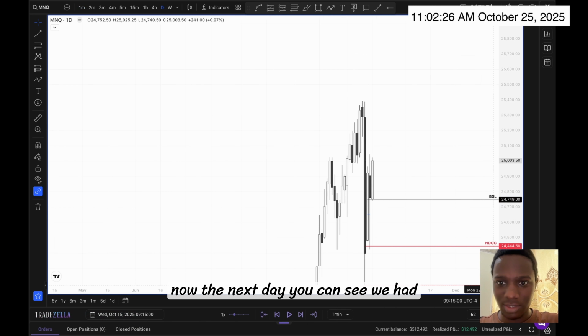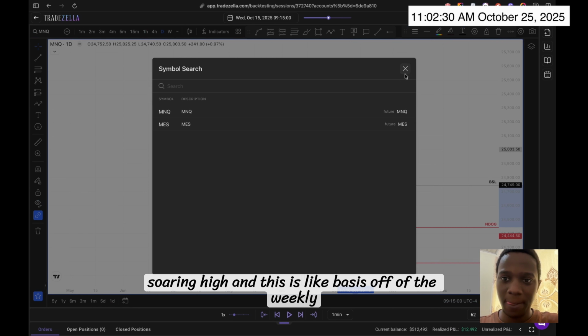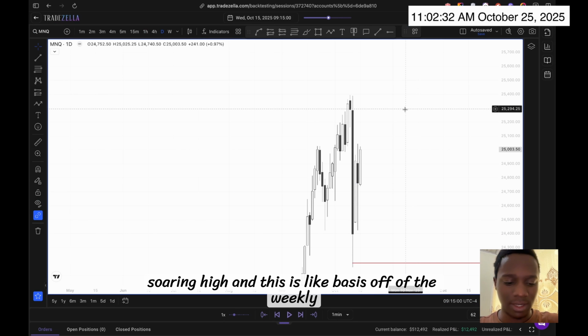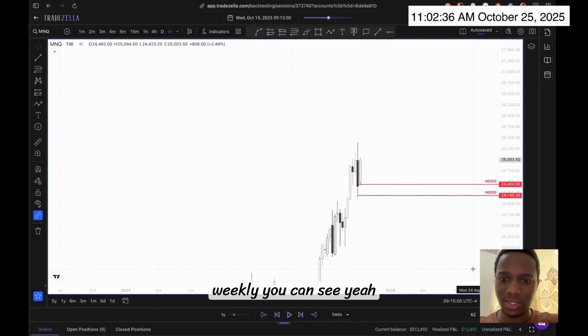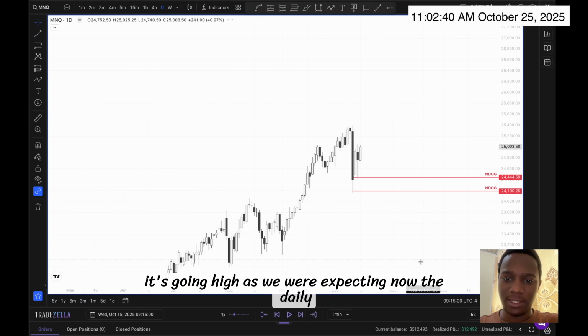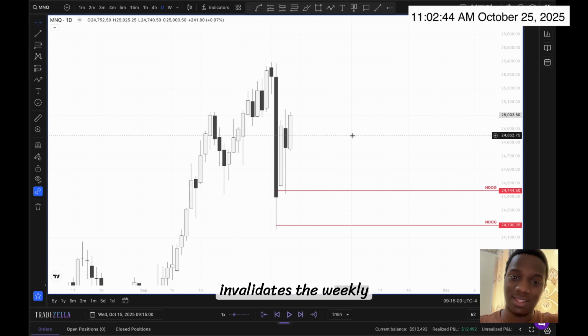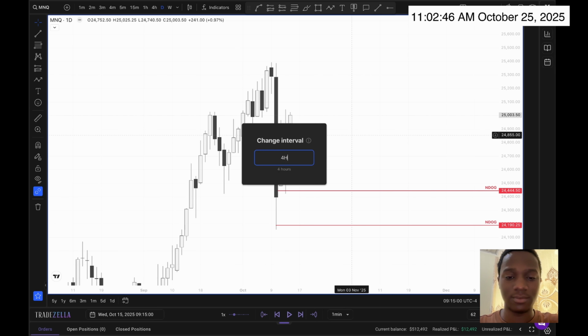Now the next day, you can see we had obviously started soaring high, and this is based off of the weekly. Check the weekly, you can see, yeah, it's going high as we were expecting. Now the daily, we're in a gap, but that doesn't mean that it invalidates the weekly analysis.